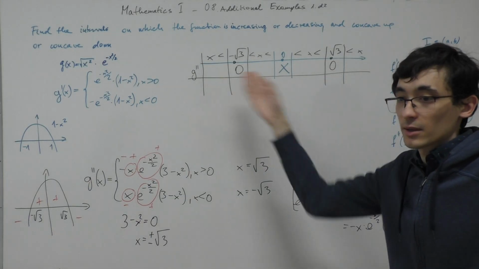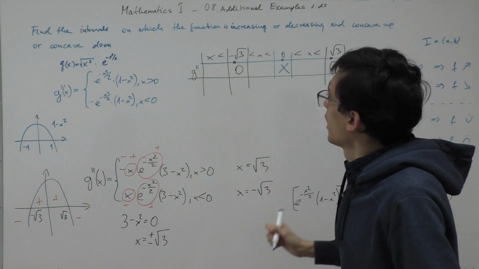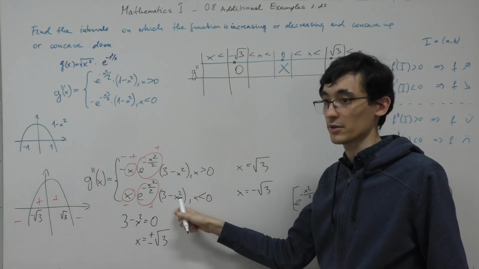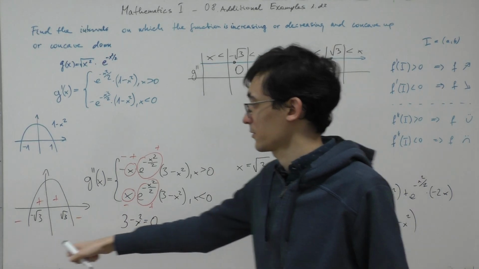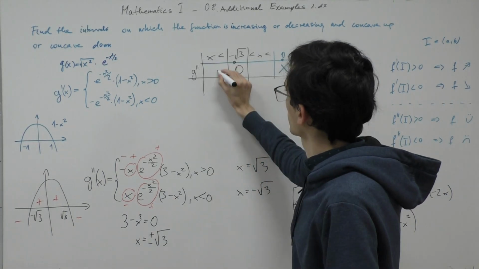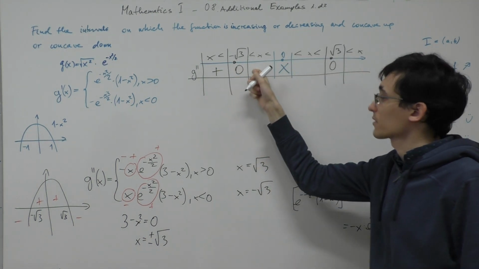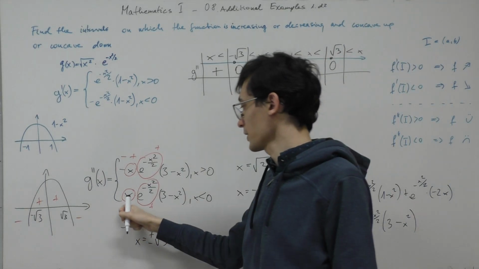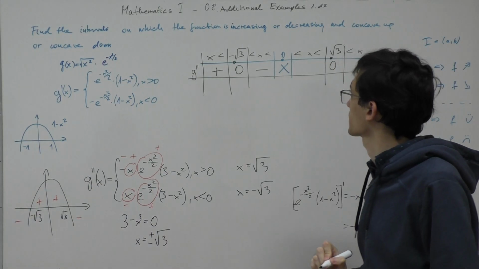And now we have everything to fill our table out. Before the negative square root of 3, we must use this function, where we have negative, positive, and negative, giving us positive here. On this next interval, we still use this function, and we have negative, positive, and positive, giving us a minus sign here.